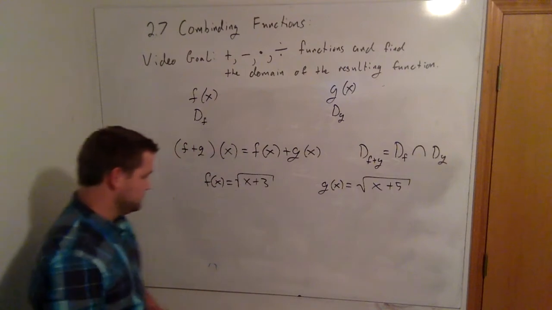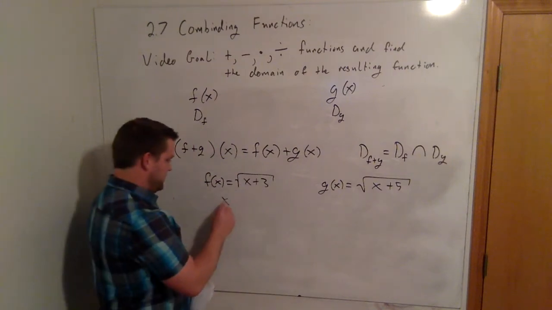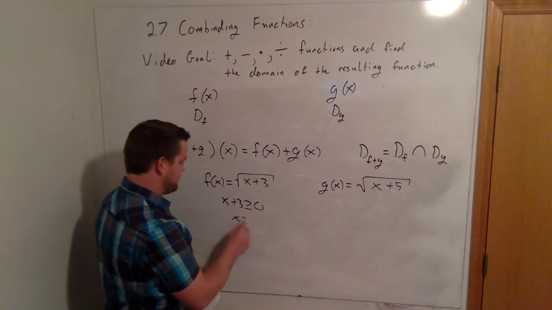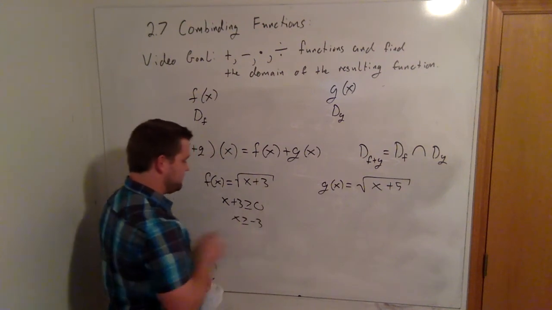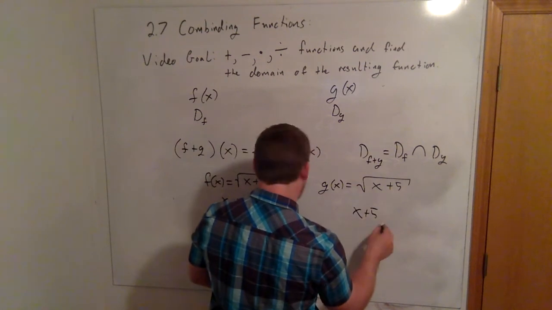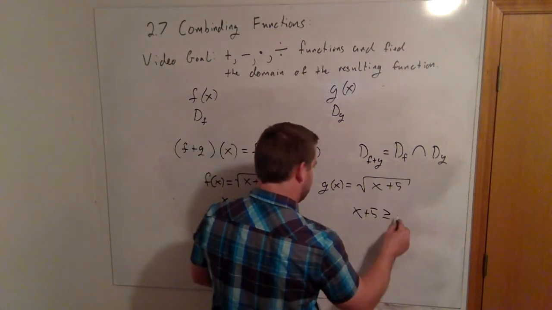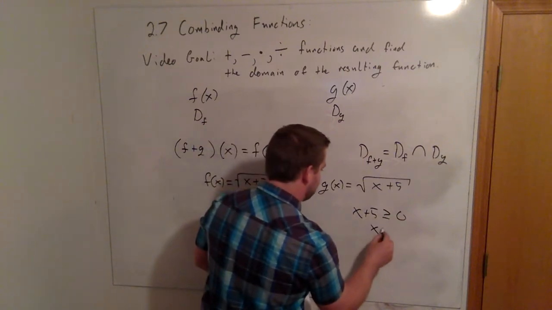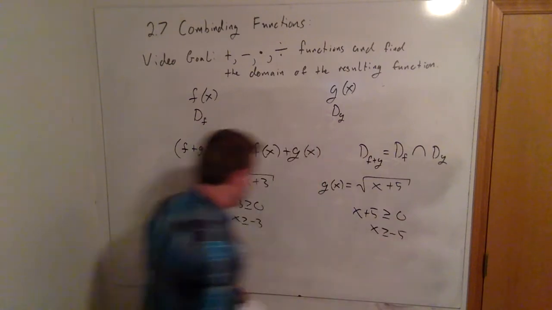For f, I need x plus 3 to be greater than or equal to 0, so x has to be greater than or equal to negative 3. Over here, I would need x plus 5 to be greater than or equal to 0. So if I subtract 5 from both sides, x has to be greater than or equal to negative 5.